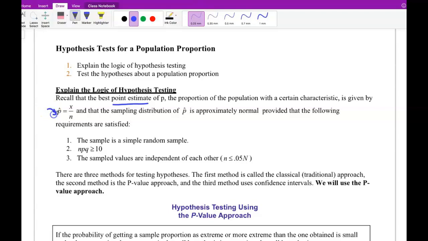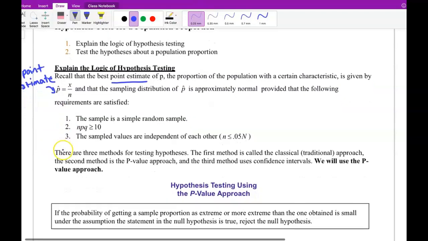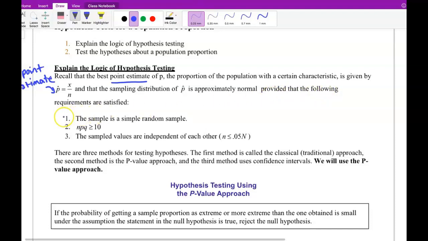So this p hat is the point estimate or sample proportion. And the sampling distribution of p hat is approximately normal, provided that the following requirements are satisfied. So to have it normally distributed, we should have all these three.